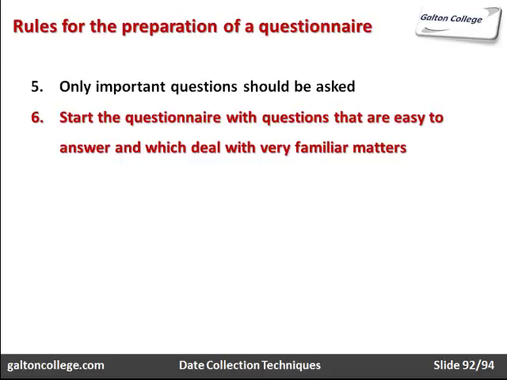So looking at the structure of the questionnaire, the starting questions should be easy to deal with. Coming up to the main body of the questions in the next section perhaps, which are a bit more detailed about the product, and then some concluding questions, running it out. And make sure the whole exercise does not take a long time period.